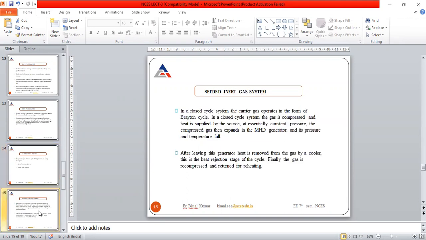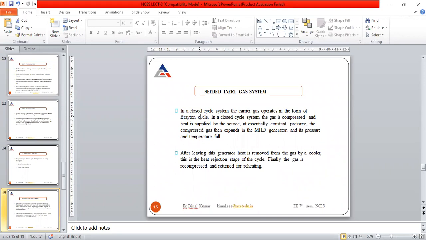So first is seeded inert gas system. In a closed cycle system, the carrier gas operates in the form of the Brayton cycle.